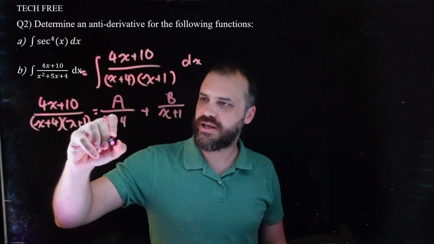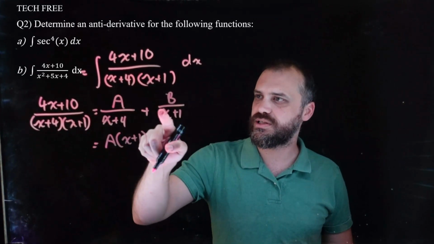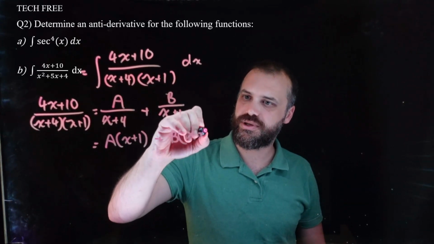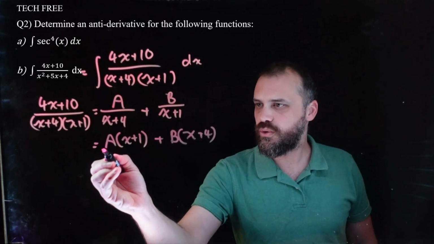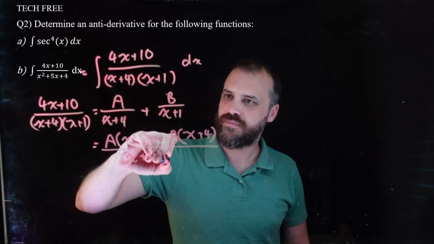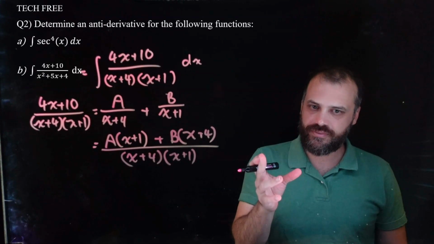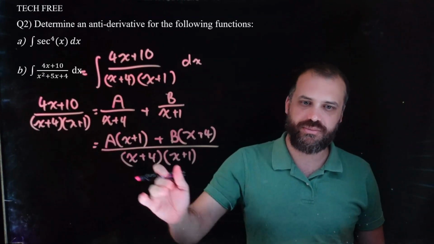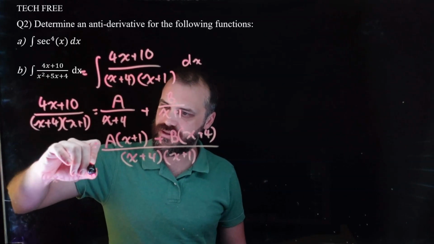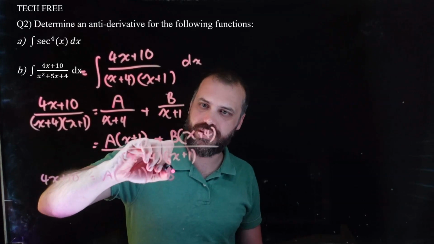We can rewrite that as a times x plus 1, so we're multiplying this by x plus 1, plus b times x plus 4, all over x plus 4, x plus 1. Okay, that's good, because now we can ignore those denominators and just say, therefore, 4x plus 10 equals a times x plus 1 plus b times x plus 4.